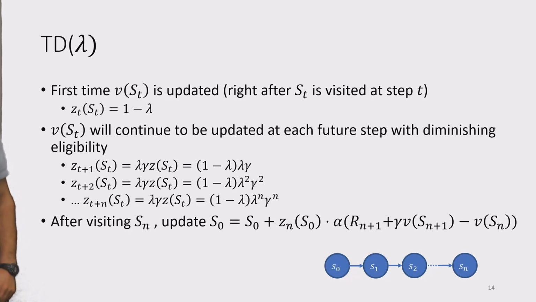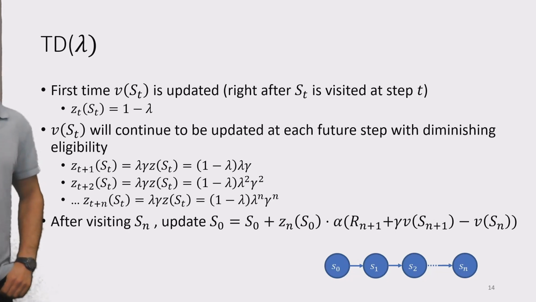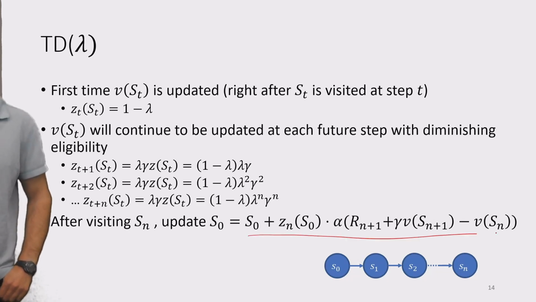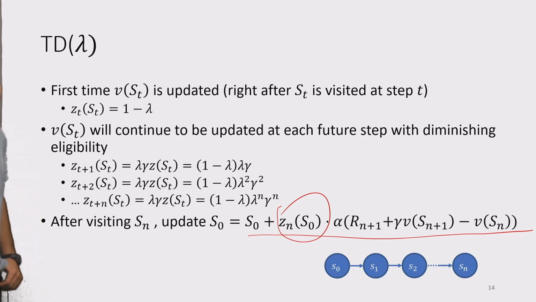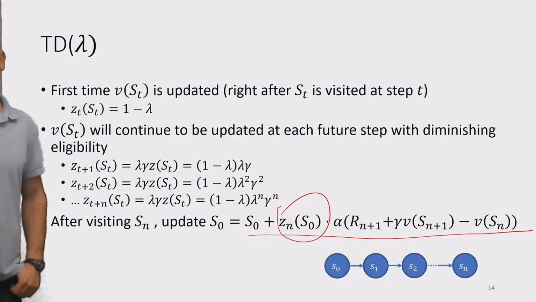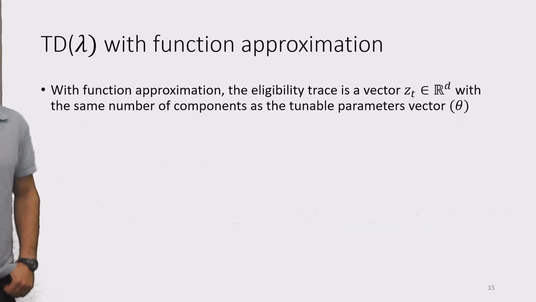After we visit state s_n at time step n, for instance, we update s_0, the state that we saw initially at time step 0, according to the TD learning rule, but multiplied by the eligibility, which will have decayed by a power of n at this point, so we'll update it with some very small eligibility.